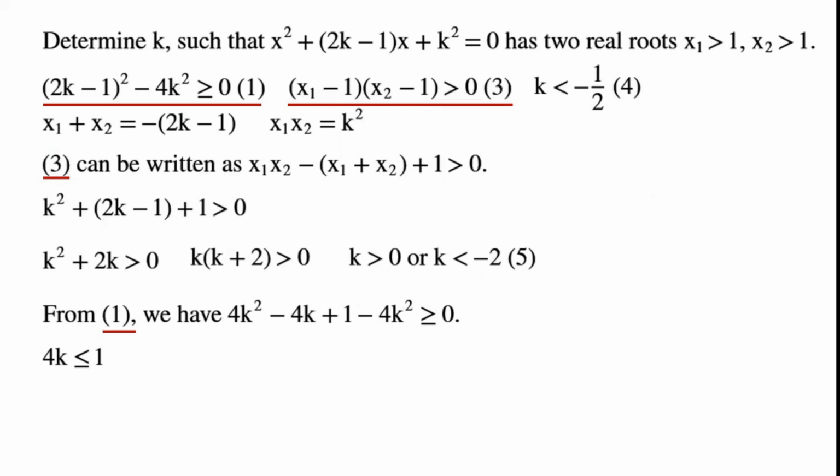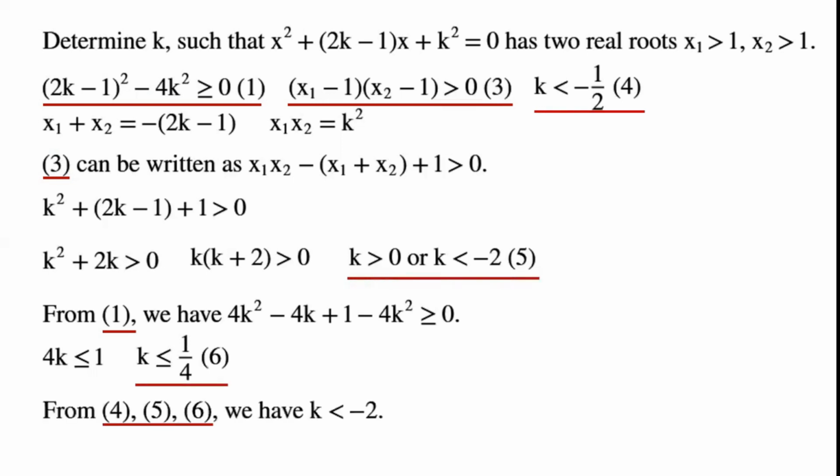By rearranging the inequality, we have 4k is less than or equal to 1. That is, k is less than or equal to a quarter. From inequalities 4, 5, 6, we have k is less than minus 2.